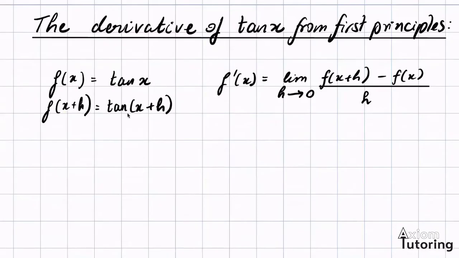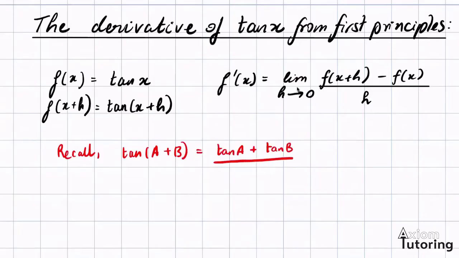Now, if we think back to our trig series videos, then we can recall that tan of a plus b, that's our tan double angle formula, equals tan a plus tan b all over 1 minus tan a tan b.